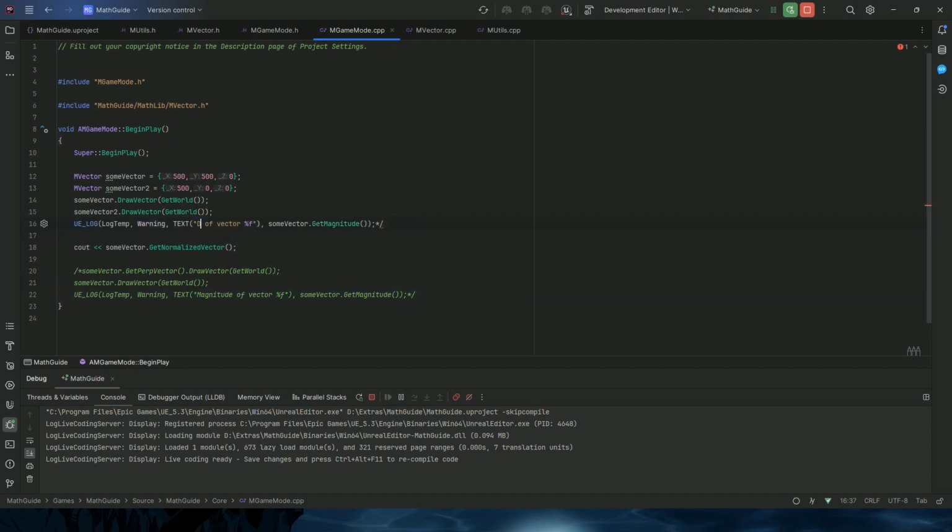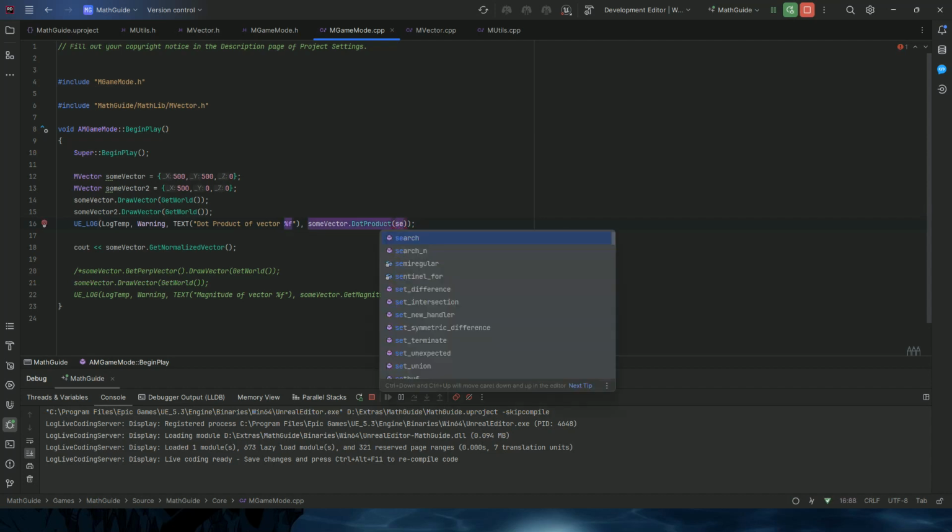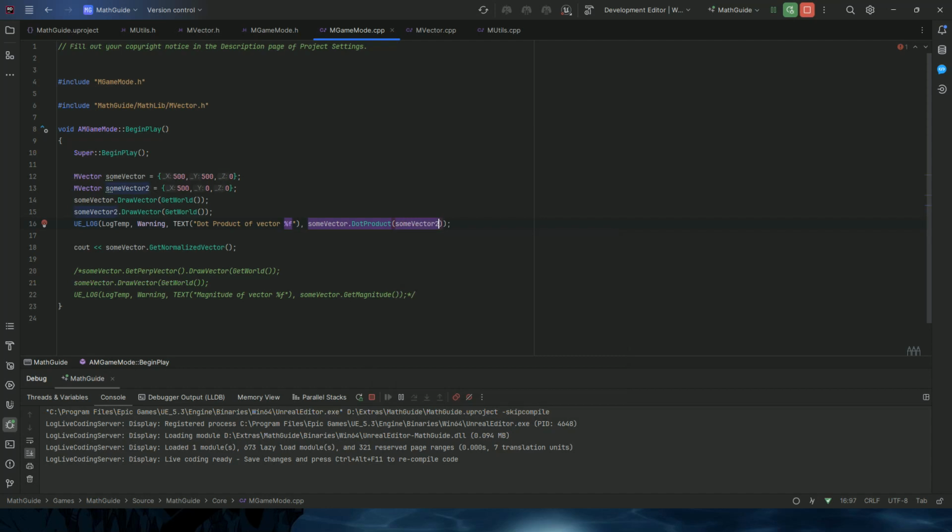So dot product of some vector comma dot product, and for this the value will be some vector 2.